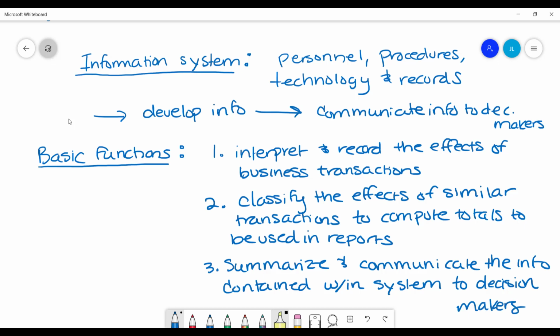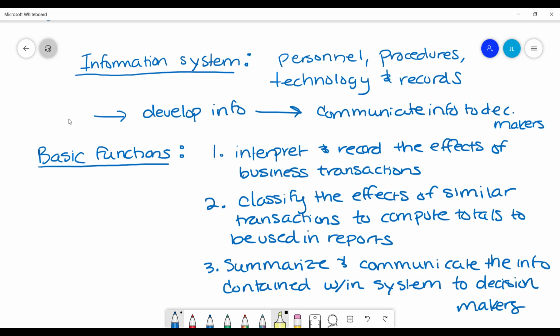Okay, so when you're looking at accounting, specifically related to, let's say, a specific organization, that organization is going to have an accounting system or an information system, right? And that information or accounting system, what is that made up of? It's made up of the people, the personnel, the procedures that are put in place, right?